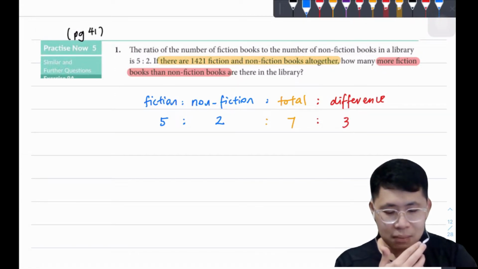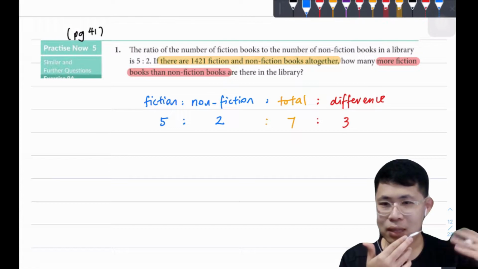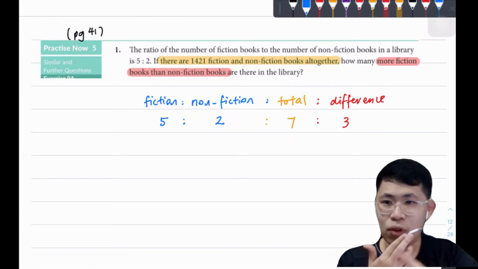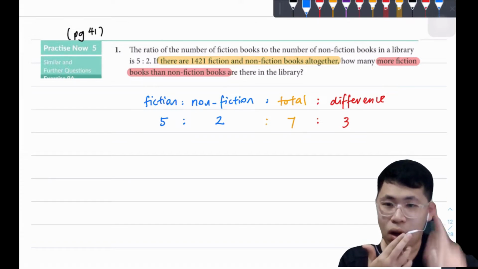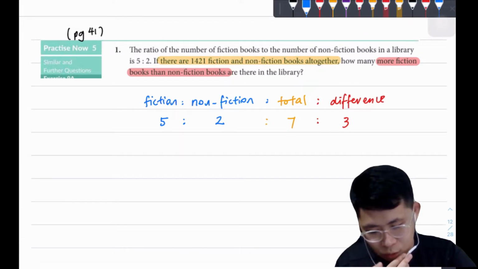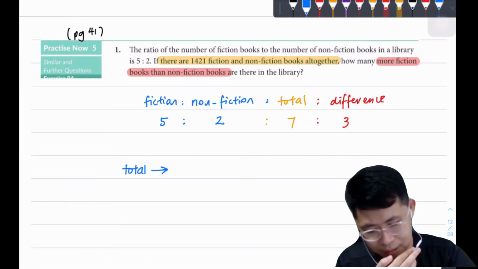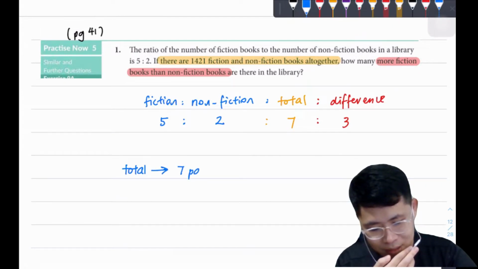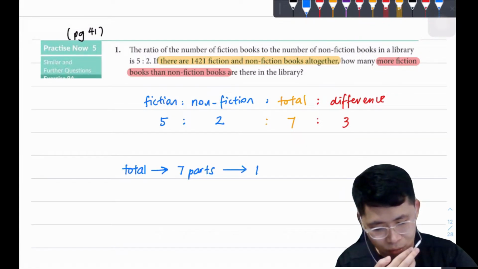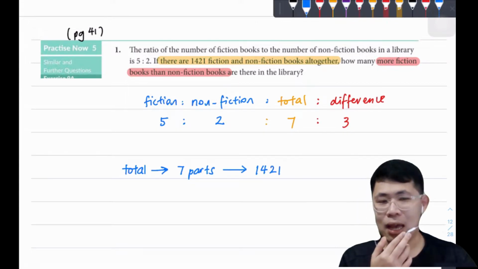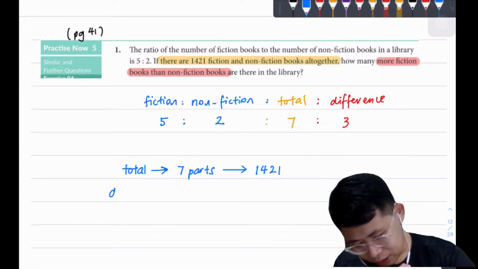So with this in mind, let us link our quantities to the ratio. 1,421 fiction and non-fiction books altogether means that the total would be 7 parts or 7 units, and 7 parts would have 1,421.